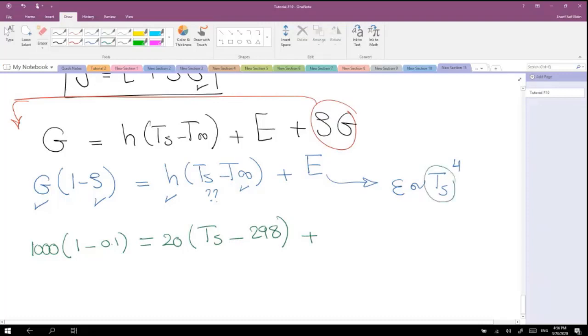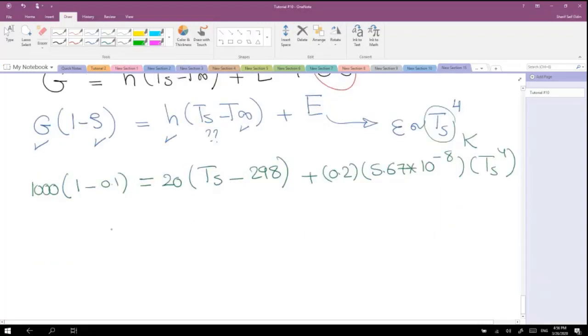The emissivity given to you was 0.2, and sigma is 5.67 multiplied by 10 to the negative 8, times T surface to the power 4. If you solve that in your calculator, we get the surface temperature, which was 339.4 Kelvin.